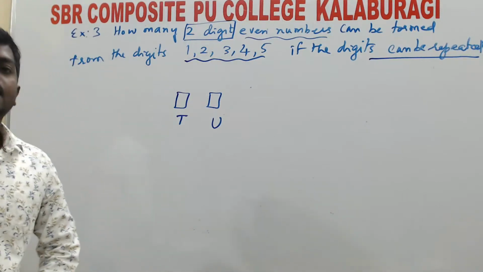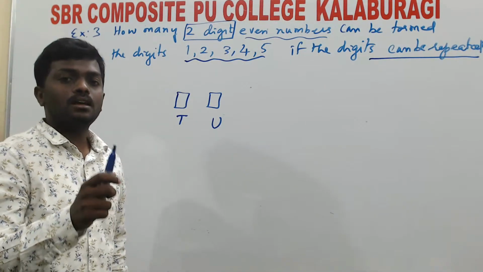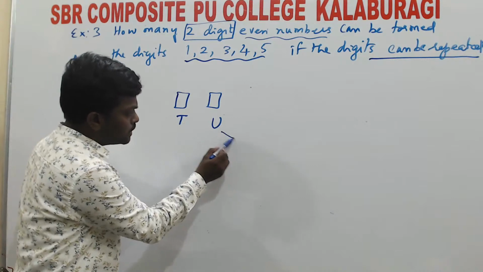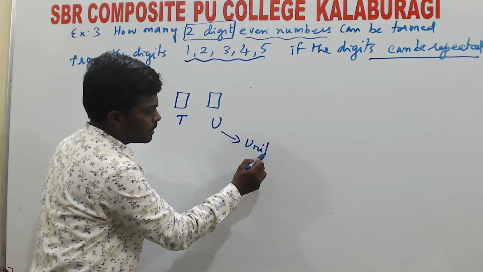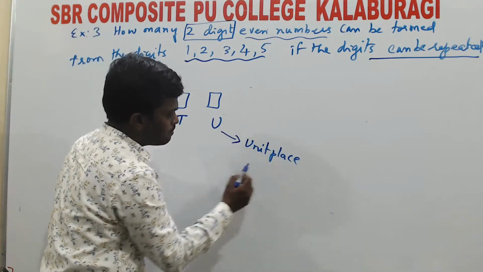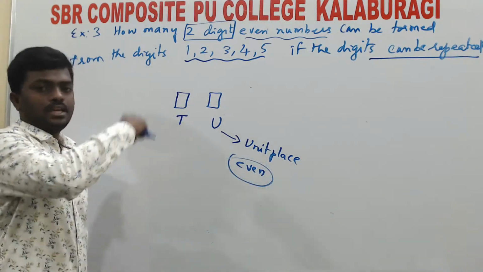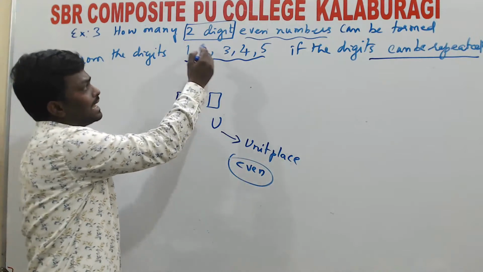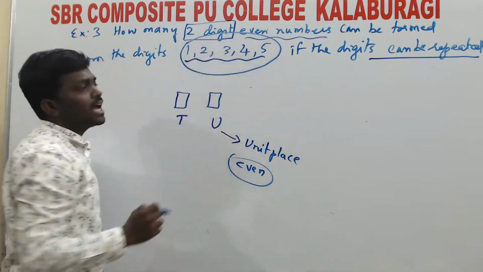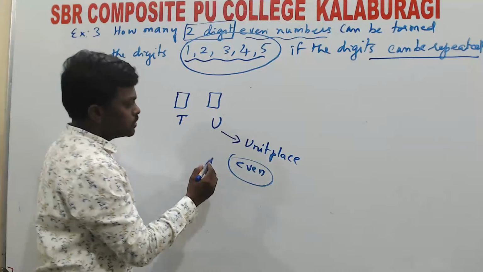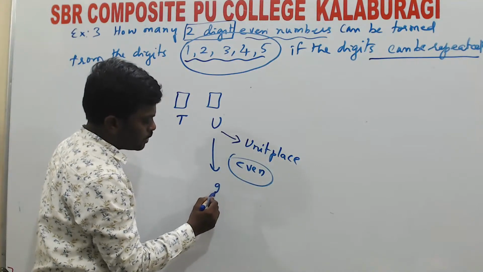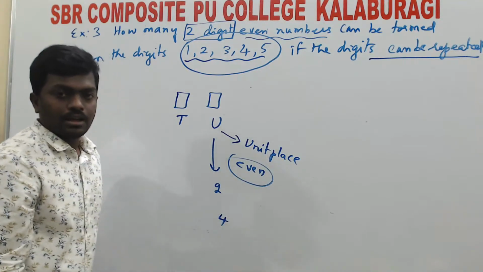Okay, you know that if a number has to be an even number, the units place must contain only an even number, right? So among the collection given, which are the even numbers? The even numbers are 2, 4, right?